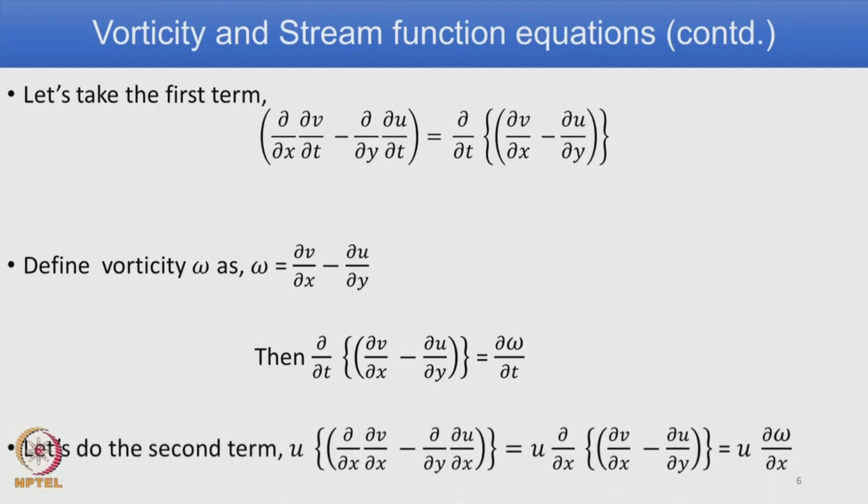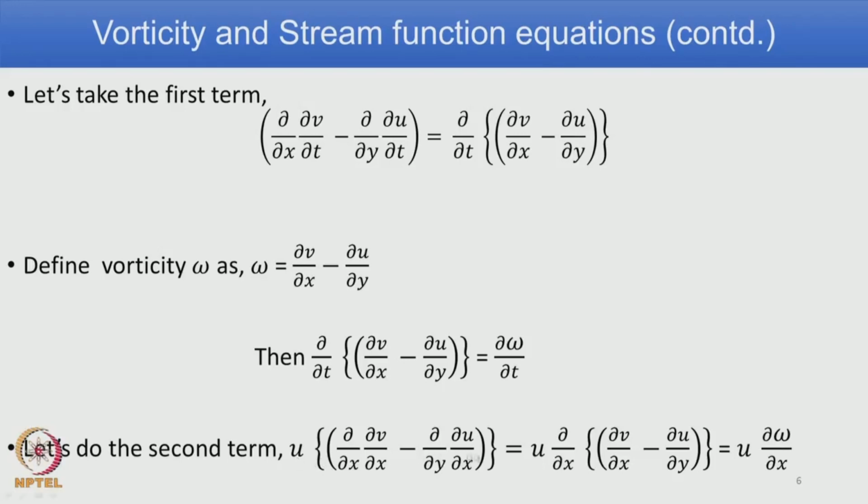You can repeat this exercise for each term. Here I am showing you for the second term, which is u dou v by dou x, and dou by dou x of u dou v by dou x, which is the second term in the y momentum equation. Similarly, u dou u by dou x, which is the second term in the first momentum equation, and you take dou by dou y of u dou u by dou x, and velocity is outside.